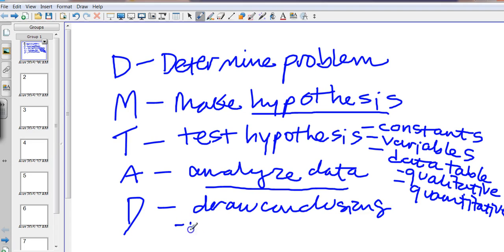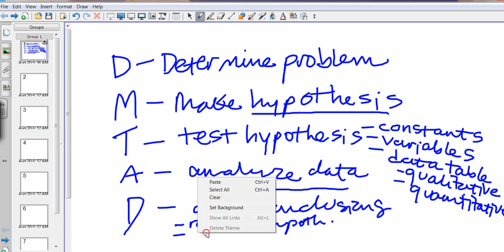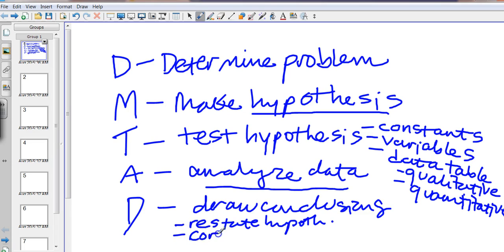Well, you would definitely restate your hypothesis. Okay, I'll put hypoth for short. You want to mention if you were correct or not. You want to mention all of your data, and you actually want to specify data from your data table.